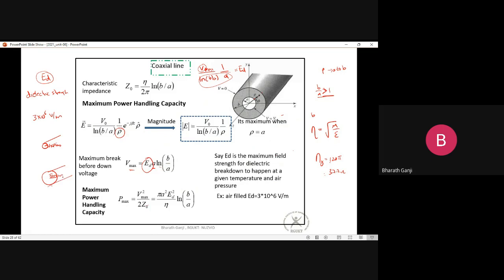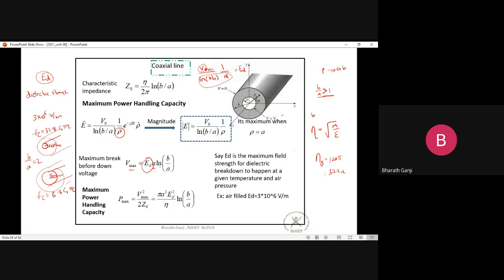So for 1 mm, the cutoff frequency I think was around 39.8 gigahertz or so, and for the 5 mm one, the cutoff frequency was around 6 point something gigahertz or so, right? So if I had a case like this, now if you ask me which one will have the maximum power handling capability, let us take a scenario where it is air filled, and still the B by A ratio is taken as 2 in both cases.